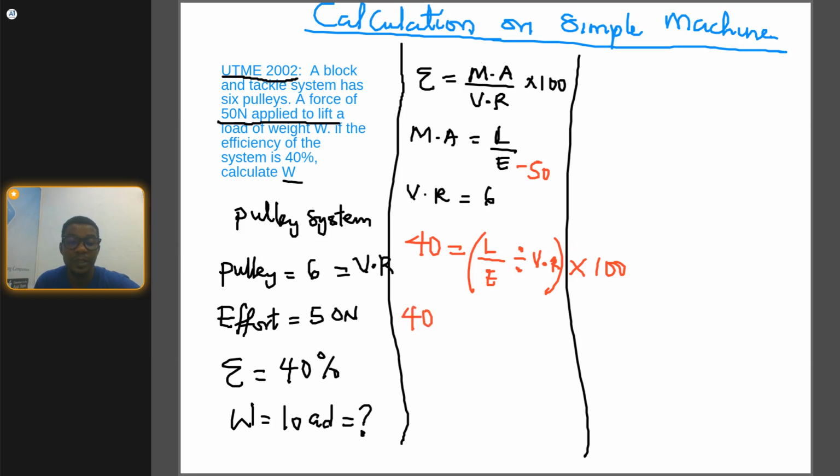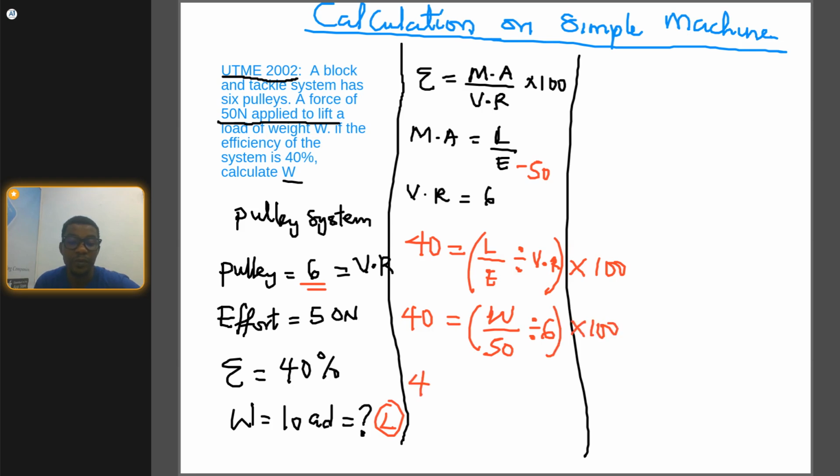That is 40% equals to, open the bracket, the load is not given, the load is taken to be W. So we have W over the effort, which is 50, divided by the velocity ratio, which is 6, close the bracket, multiplied by 100.